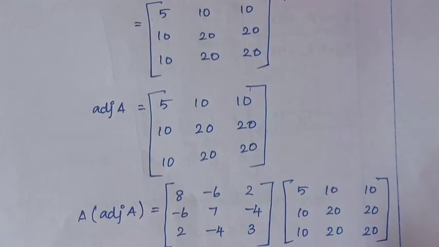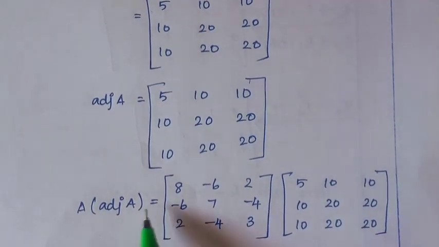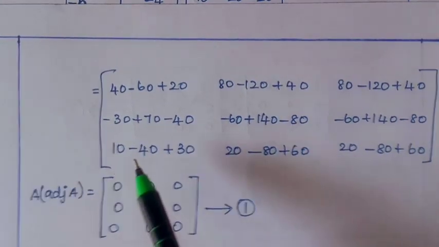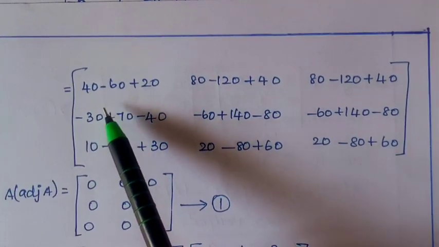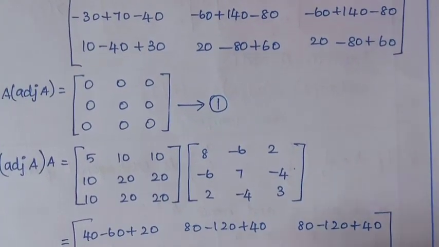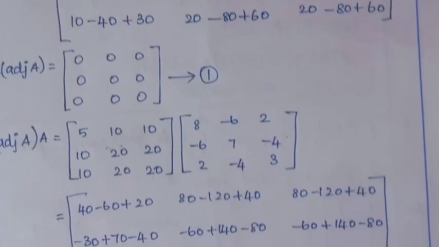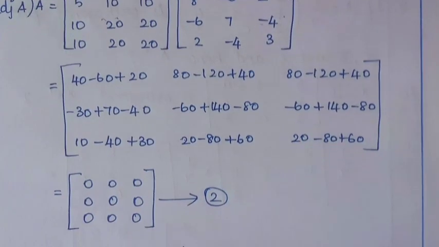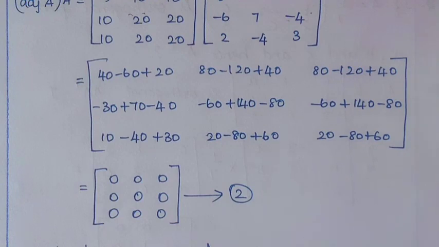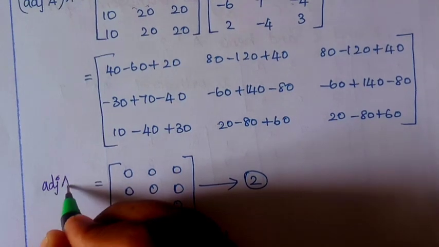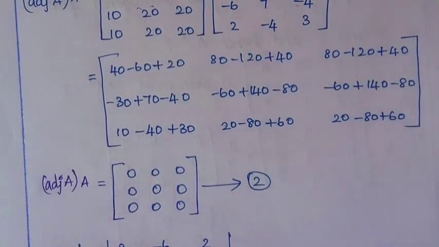Now we have to do A adjoint A, first one. Multiplying A with adjoint A, we get the answer completely 0. So this is the first one. Next, adjoint A into A, multiplying and cancelling it, we get again completely 0.